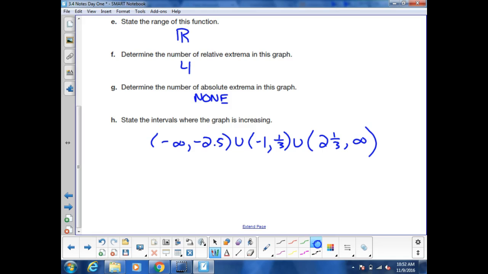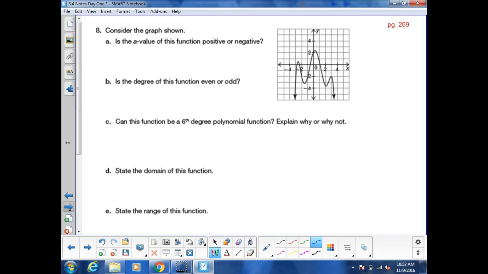All right. Number 8. End behavior of this function, positive or negative? Negative. Why? Right side is going down. Okay, so it's negative. Odd or even? Why even? They're both going the same direction, so it's even.